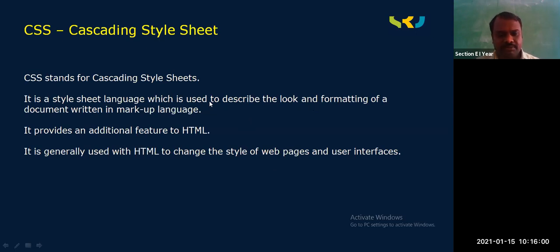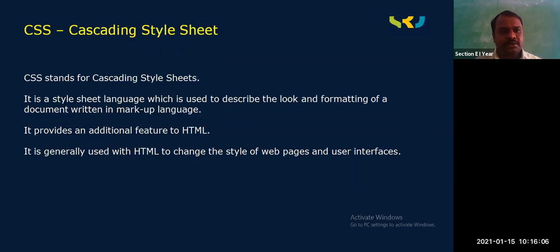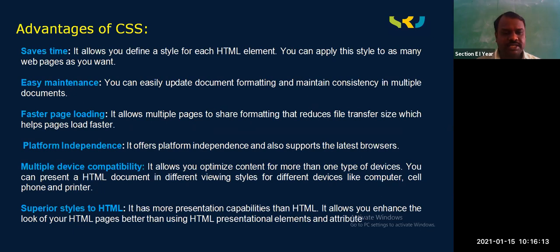When you write this, you can understand how to write it. When you introduce CSS to your HTML, we will get more advantages. I will show you this list of advantages and we will learn them, with proof for each advantage.